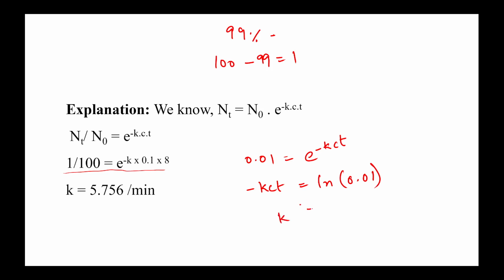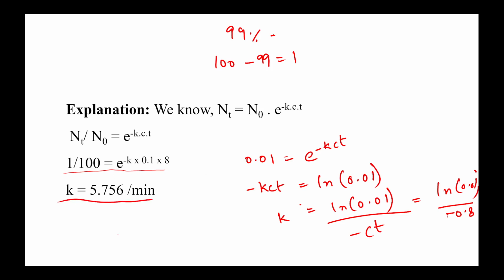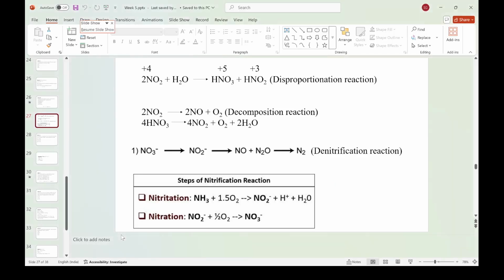To solve for k, just divide log of 0.01 by minus ct. C is 0.1, t is 8, so that means this is 0.8. So this will be ln 0.01 divided by minus 0.8. When you solve this, you will get the answer as 5.756. Okay, and the unit will be minute inverse.